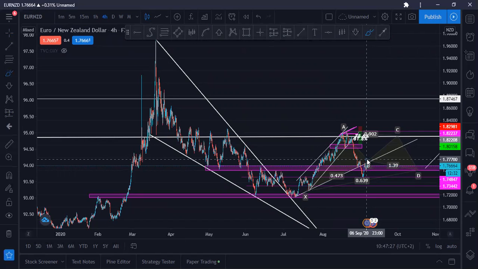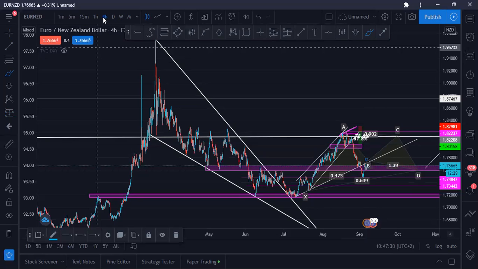Let's go to the 1 hour time frame. This chart has been really slow.